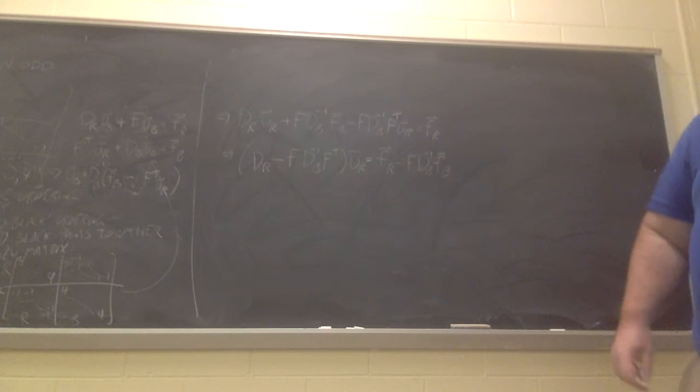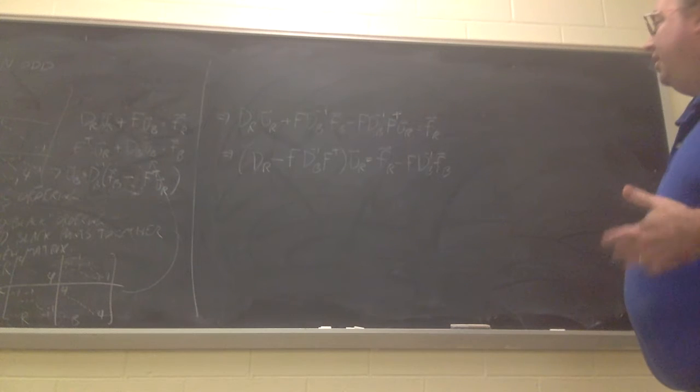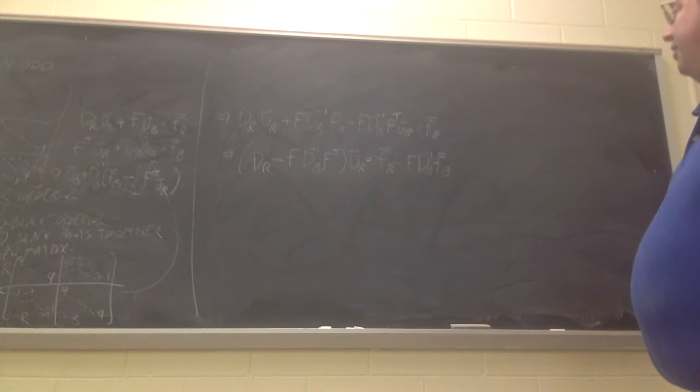So I've trimmed down a system of equations that's n squared by n squared to a matrix a quarter of the size. So n over 2 by n over 2 system of equations.